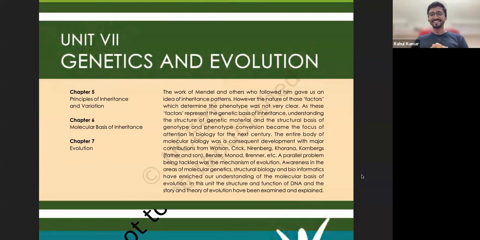I was also not in the habit of reading the chapter as a student, but then I realized the power of it when I was preparing for entrances. NCRT is a very good textbook, not just for your undergrad entrances, but also for entrances at master's level. This chapter and the next, molecular basis of inheritance, are the two most crucial, heavy, bulky chapters in terms of marks and portion in the syllabus.